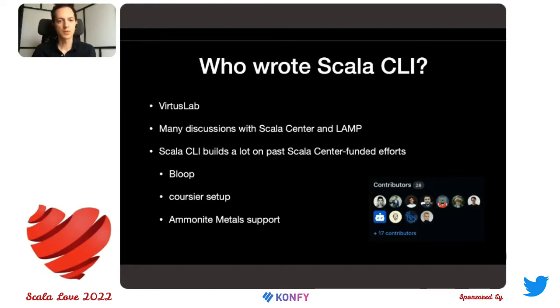Scala CLI was open sourced, I think, last September or October. So it's an open source project. Many people can contribute and do contribute. So it's not a 100% VirtusLab effort anymore. People are contributing through GitHub, through issues on GitHub, or simply discussing on Discord.